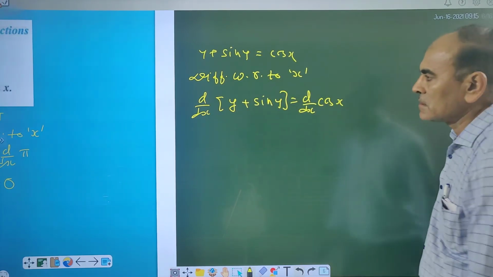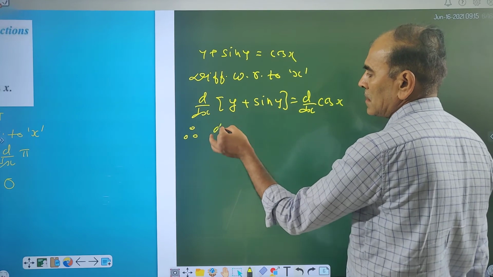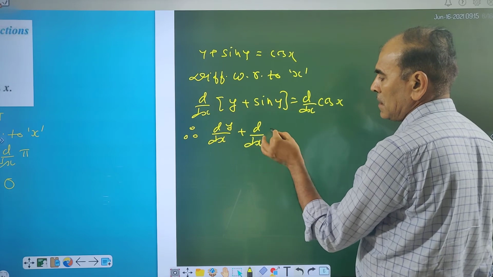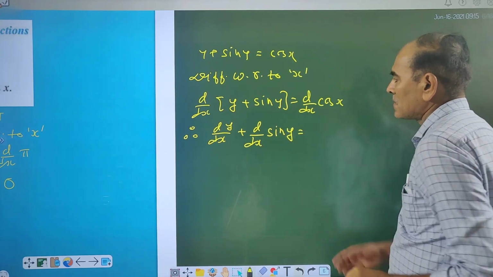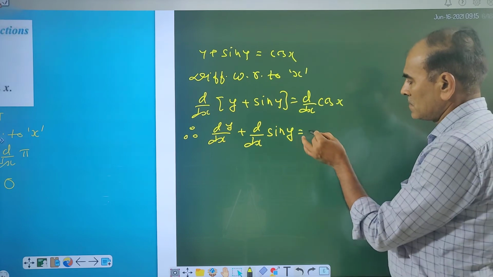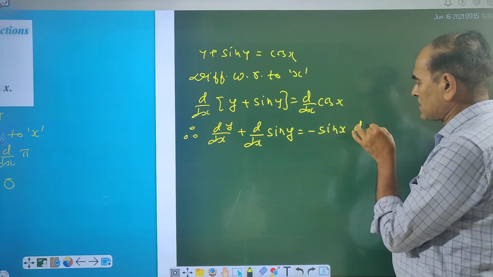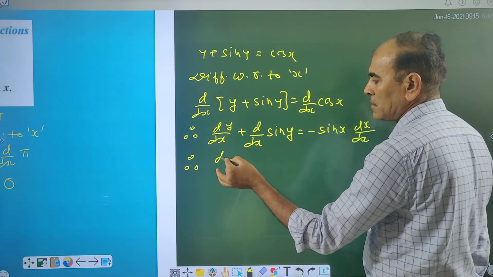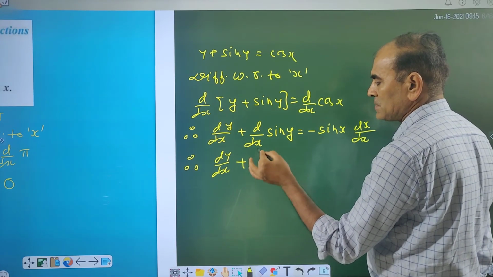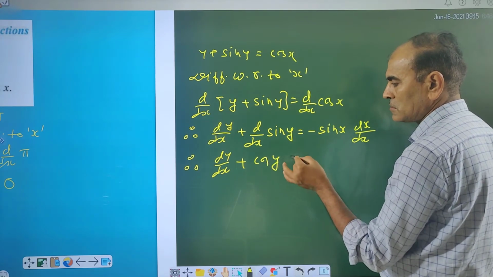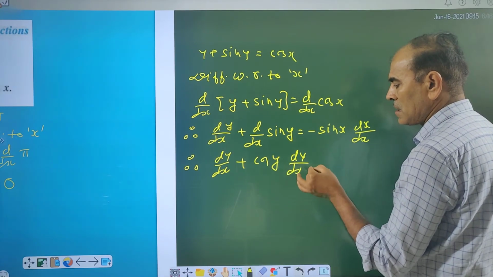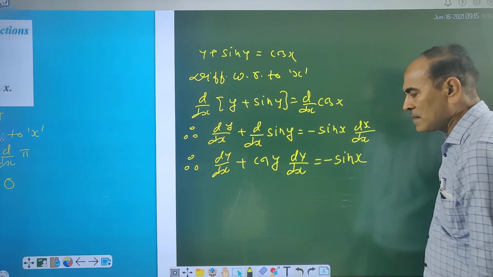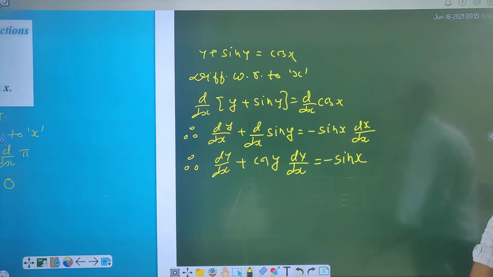In the previous sum a difference was given; here addition is given. So differentiate term by term: d by dx of y, d by dx of sin y, which is cos of some function, and d by dx of cos x, which is minus sin of some function times d by dx of some function. Here we get dy by dx plus cos y times dy by dx, and on the right it comes out minus sin x because dx by dx is 1.